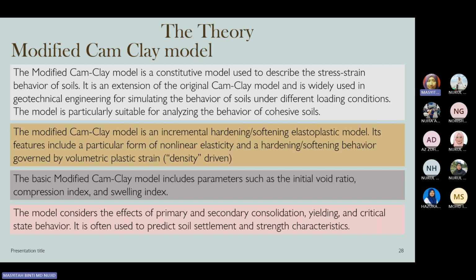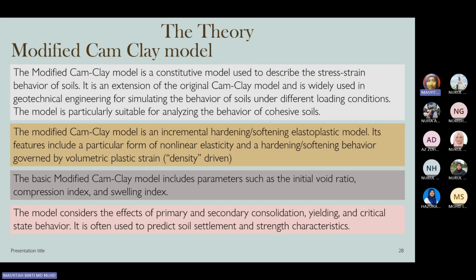And the deformations come to you as the change of volume. So the original size of the soil sample has changed, and also the volume has changed. The volume change can be captured through the relationship between volume versus stress.